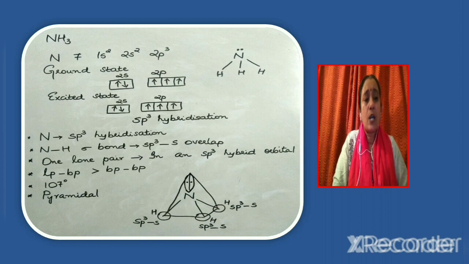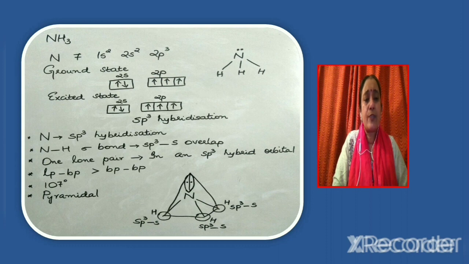Let us now consider how the NH sigma bonds are formed. Each of the NH sigma bond is formed by the overlap of the sp3 hybrid orbital of nitrogen with the s orbital of hydrogen. Nitrogen has one lone pair of electrons and it is present in one of the sp3 hybrid orbital.